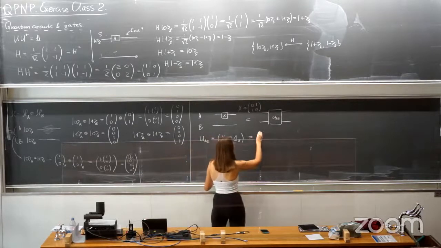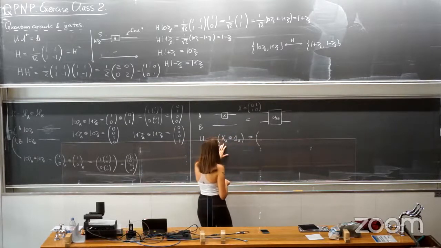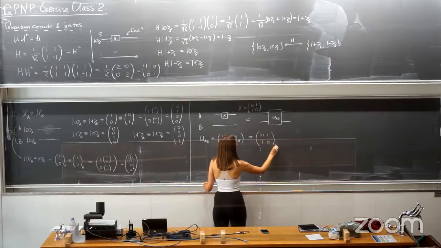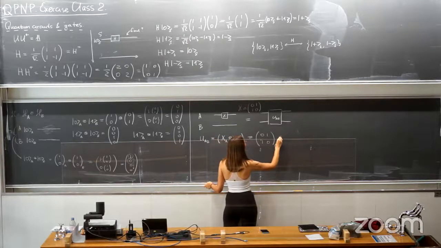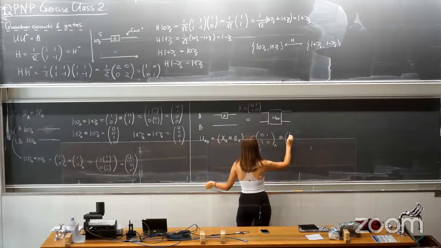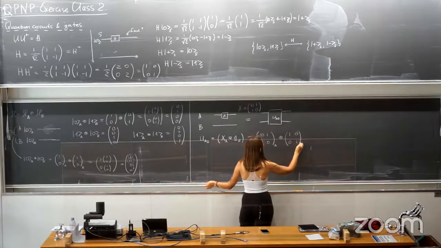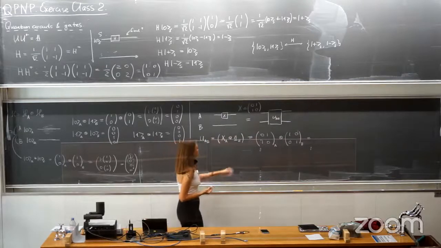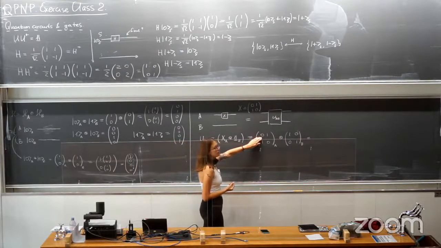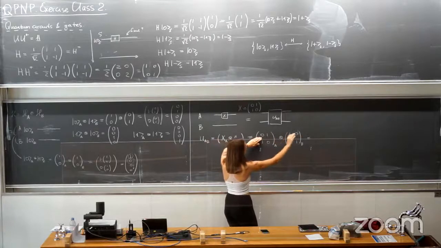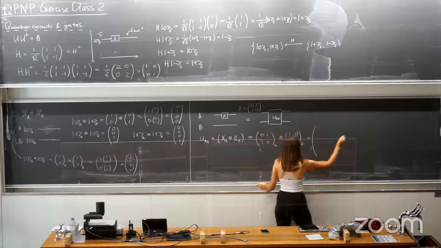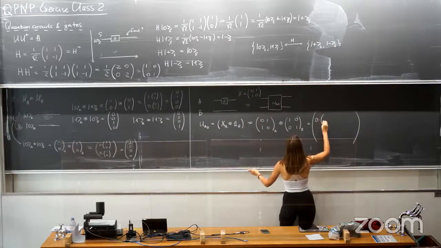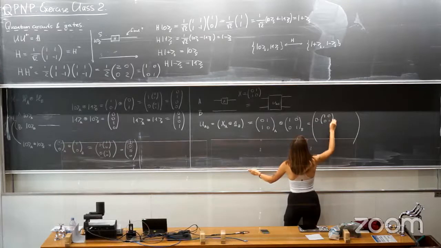Okay, how do we write this in the matrix form? So we have X acting on A, and then the identity on B. And here the same principle applies. So we take the first element of A and multiply it by the whole matrix B. So what we get here is the following. We get 0 times this identity.